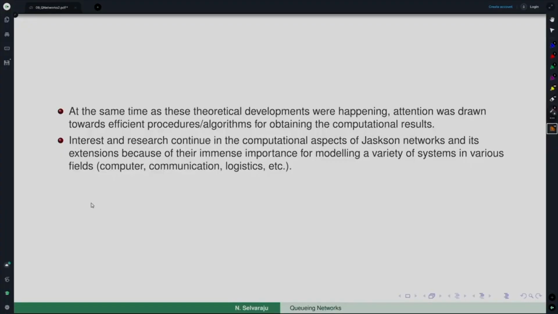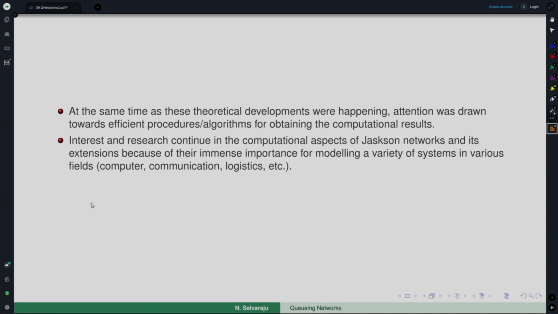While this was happening, attention was also directed towards efficient procedures or algorithms for obtaining the computational results. Again, in each case you have to look at the normalization constant, whether it is an open or closed network, whichever form you are looking at, you still have to compute that. Even in the open case, we did not assume that it is factored into the product of marginals. It's just that it's product form. So, still you will have a normalization constant which you need to compute.